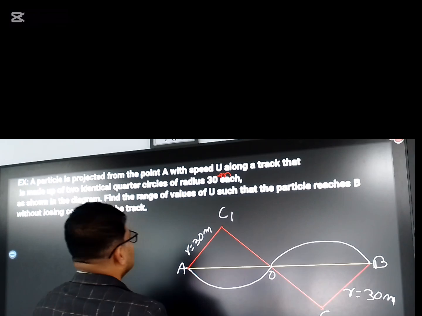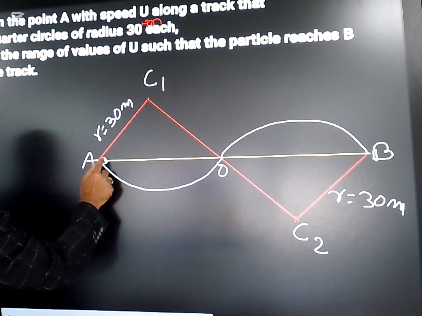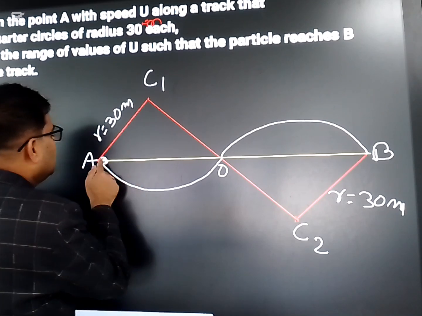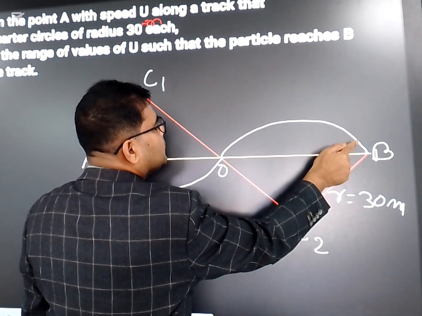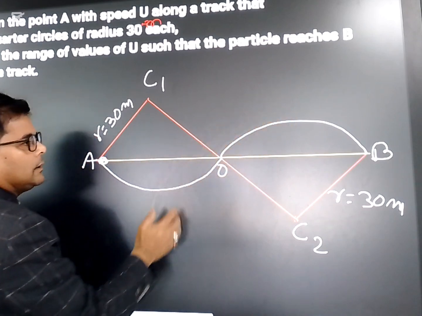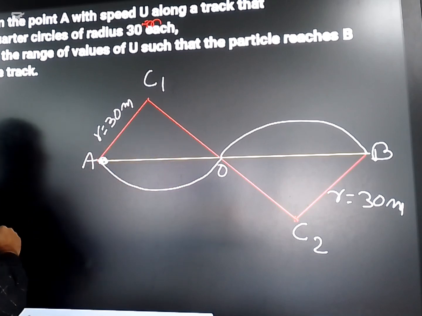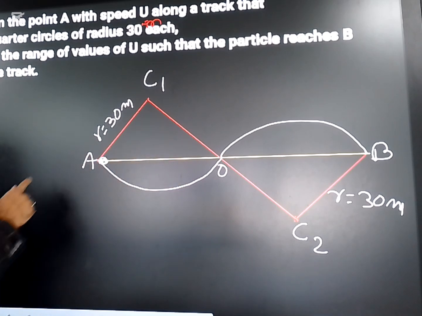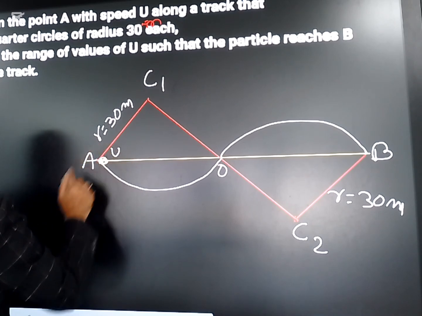So in this case, the question says that a particle is here at this point and it has to move through the outer surface of these two identical quarter circle tracks, which are standing vertically. Its start velocity is, for example, u over here.